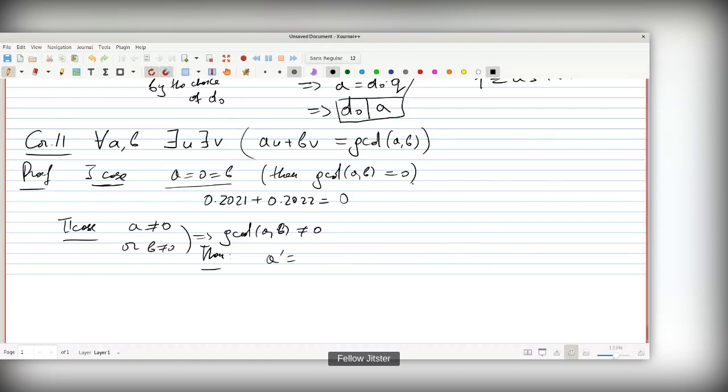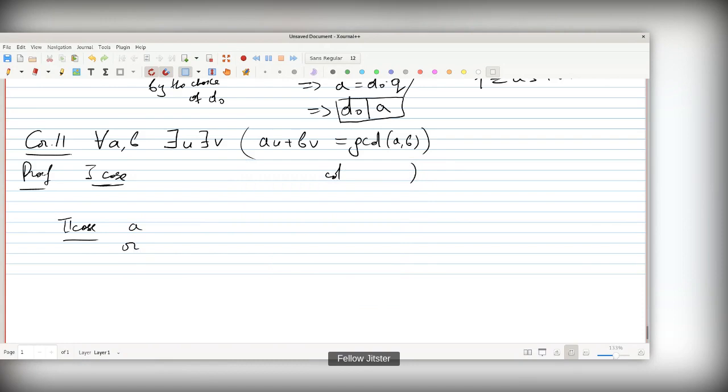Then A prime, which is A divided by the greatest common divisor of A and B. Formally we can apply our theorem when both of them are not 0, but it doesn't make any change. Okay, let us be slightly more careful here.